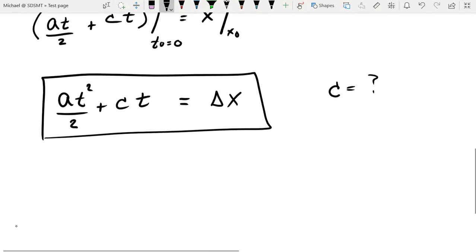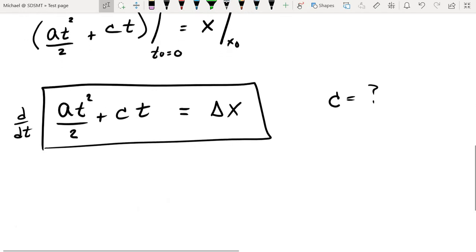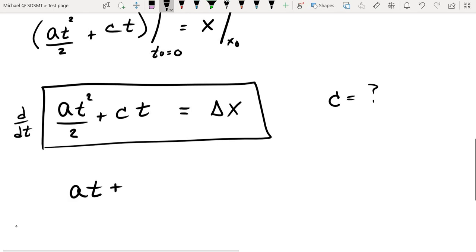And that variable is going to be time. So we will get a slightly different outcome from this. On the left-hand side, yes, we are literally stepping back into the math. When we take the derivative with respect to time, we get at plus c.